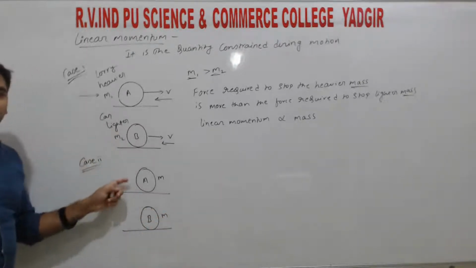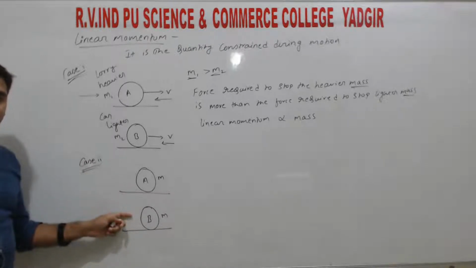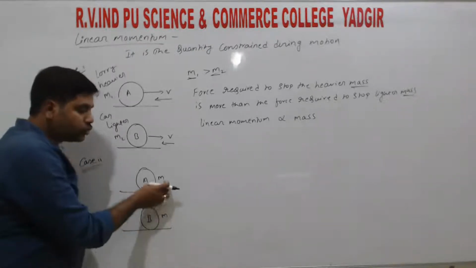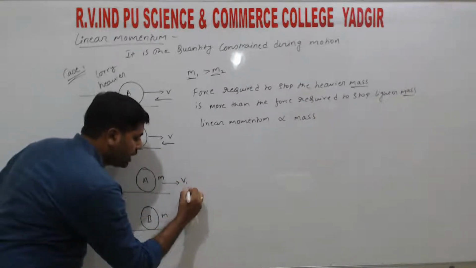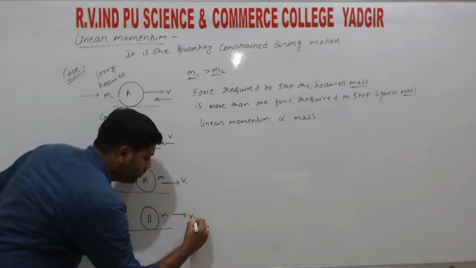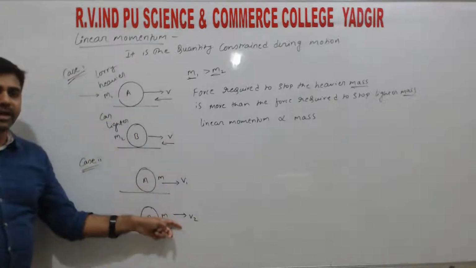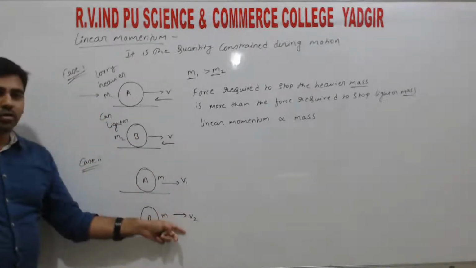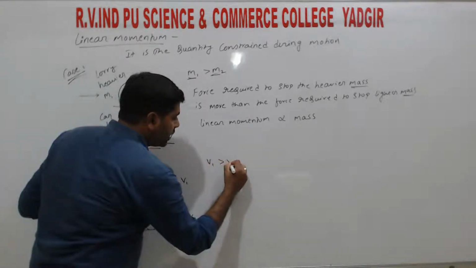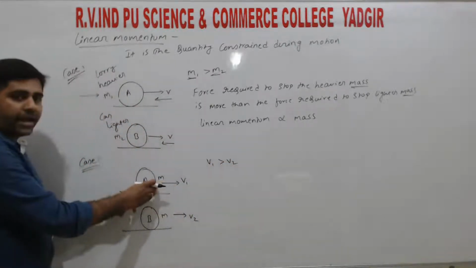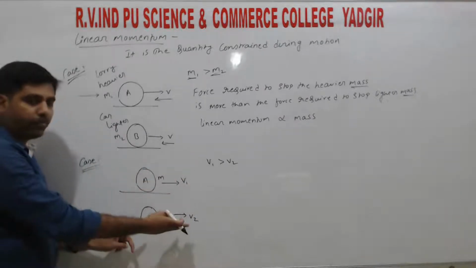That means both objects have the same mass, right? But these two are traveling with different velocities, right? So for that we take v1 and v2. So v1 and v2 indicate there is a change in velocity. Here v1 is greater than v2, that means A is moving faster than B, right?